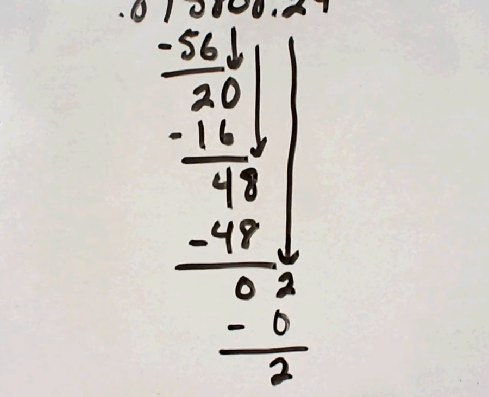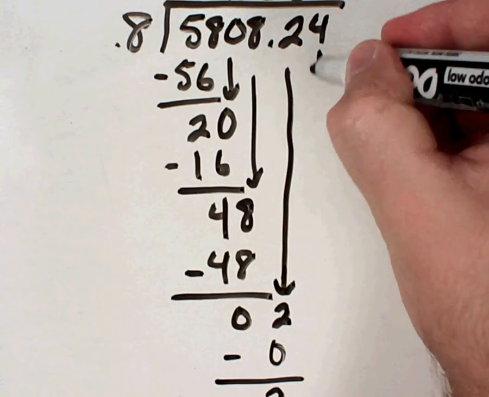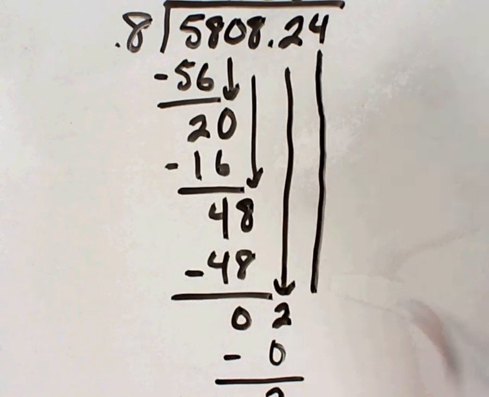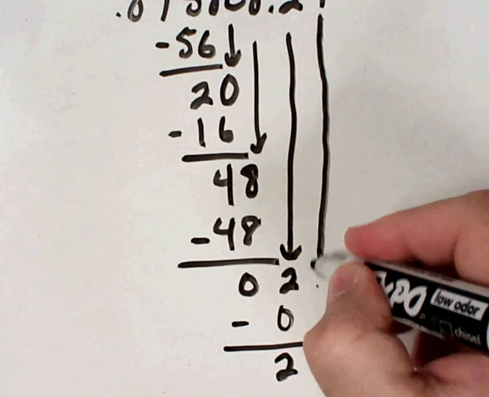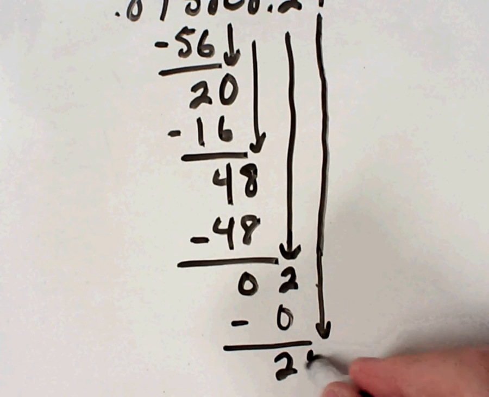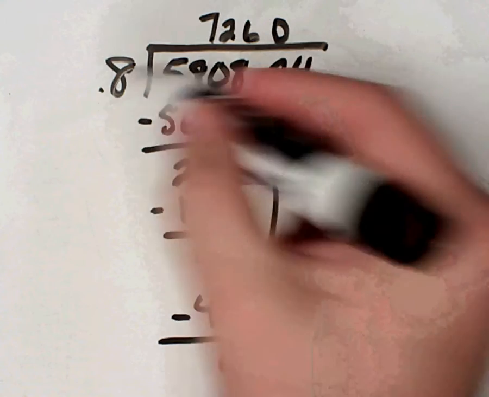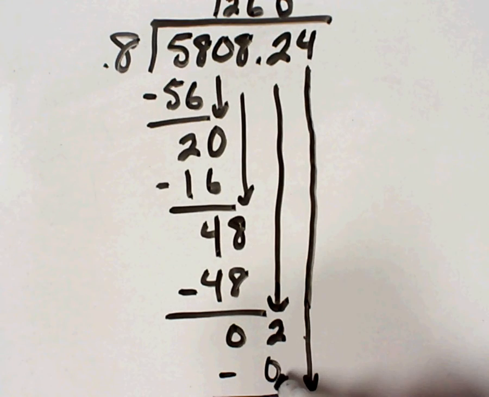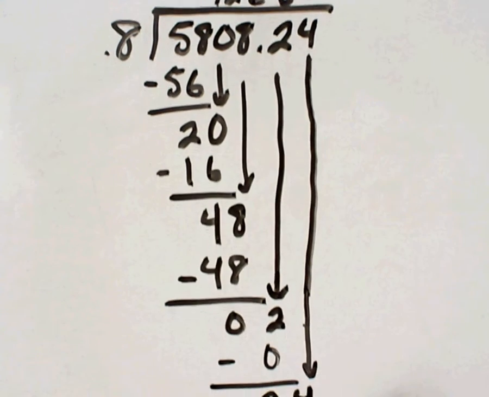Or, once you know it's a 0, you can simply pull down the next number. It's probably a good idea for now to go through the steps of the process. That way you can see, okay, we put a 0 here, 0 times 8 is 0, so that's my 0 here. And then you just continue on as we do with our normal steps.